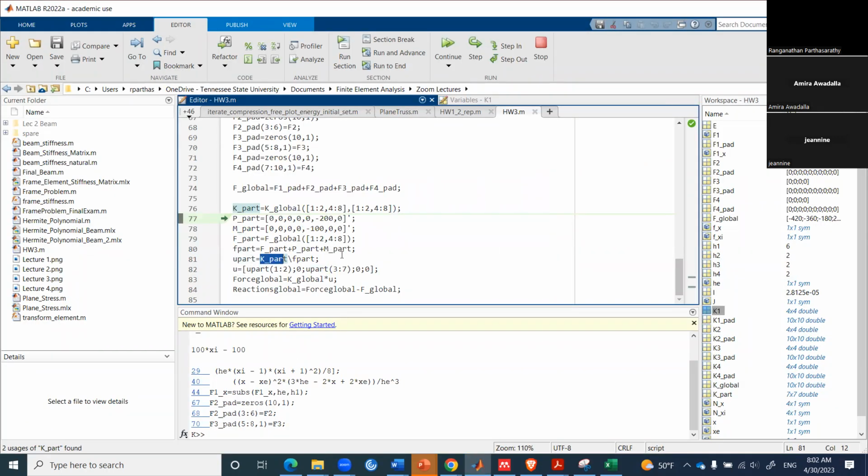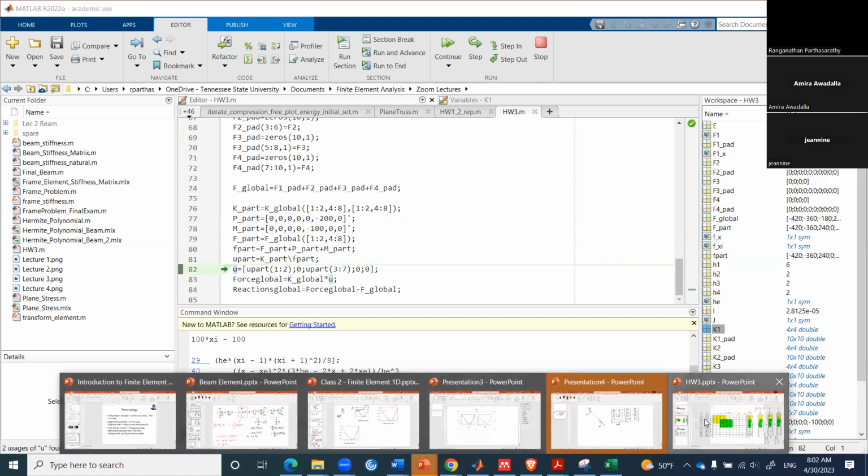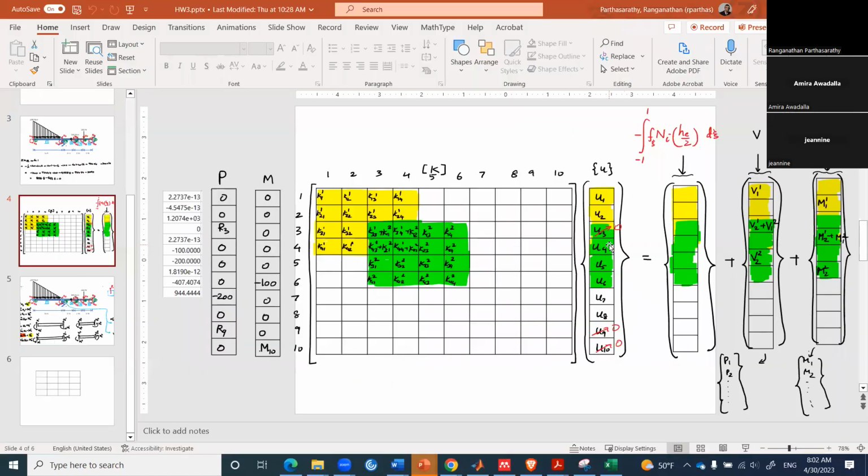So you have those. Now you assemble that into your global displacements, right? And in your total displacements, you found just now from line number 81, the calculation, your U1, U2, U4, U5, U6, U7, U8.